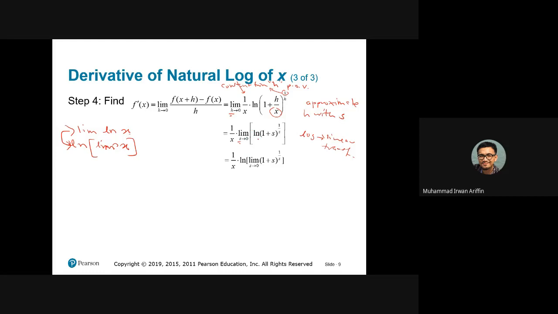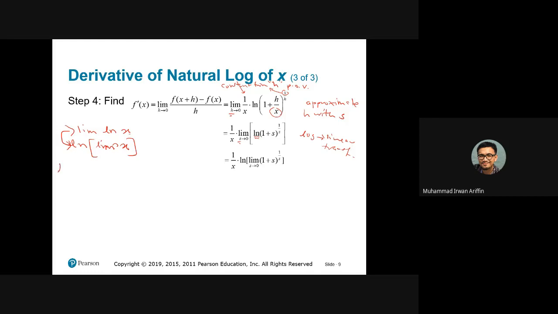Because this is simply a linear transformation, there is nothing here. Whatever number we got here would be the same. Either we find the limit of the logarithm or the logarithm of the limit, both would give us the same answer.